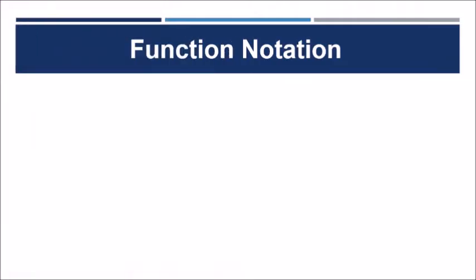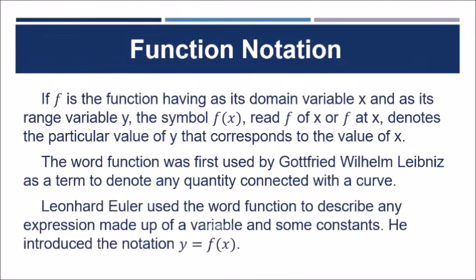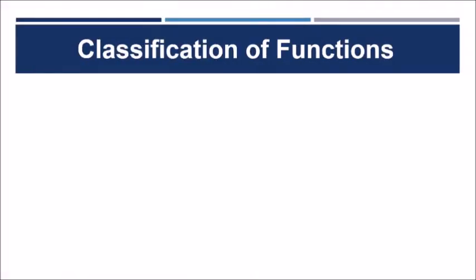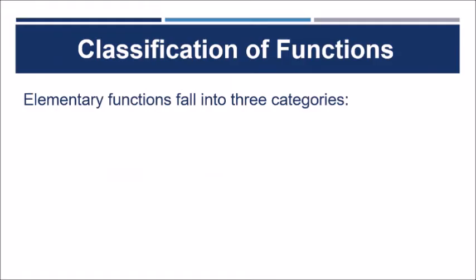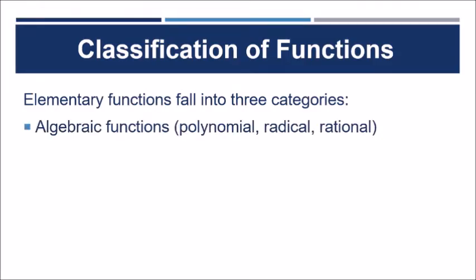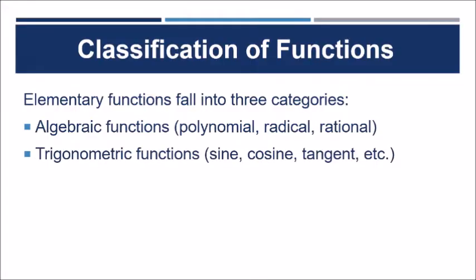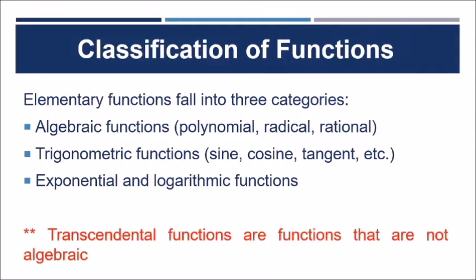The function notation, which is y equals f of x, was given by Leonhard Euler. So we can now classify the functions. We have algebraic functions, which would be polynomial, radical, and rational. We have the trigonometric functions, the sine, cosine, tangent, and other functions, and the exponential and the logarithmic functions.